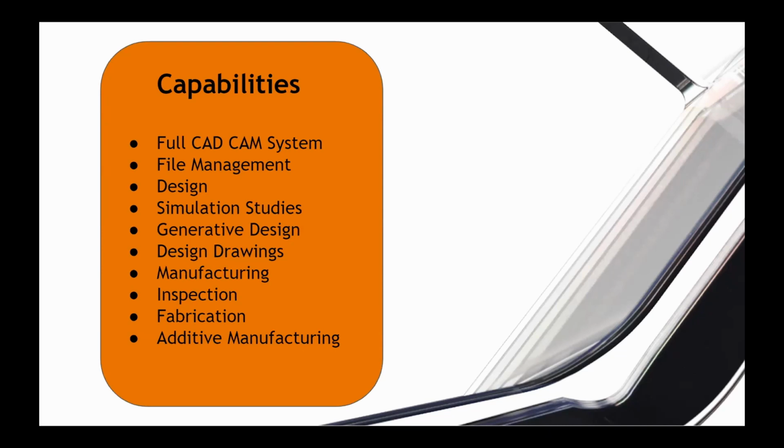I did touch on that it can be used as a standalone design tool, meaning you can draw, but Fusion 360 also gives you many automated features on top of it. For example, you can add generative design studies to your parts.